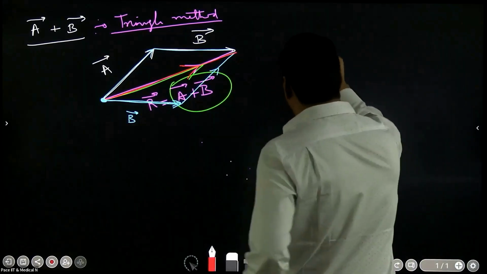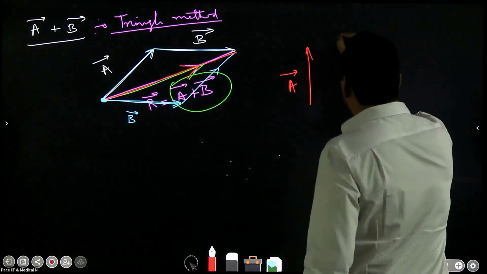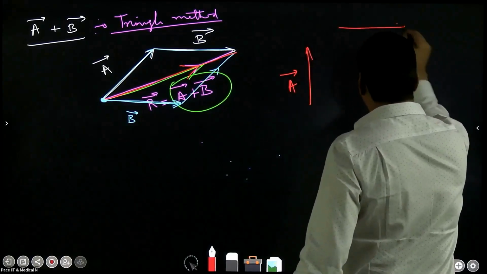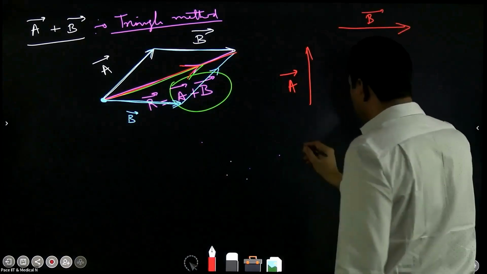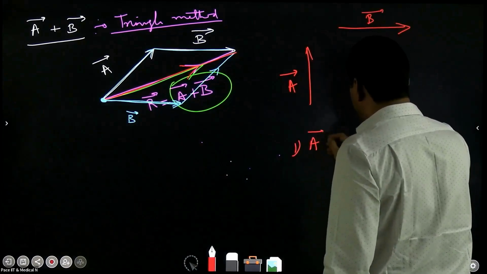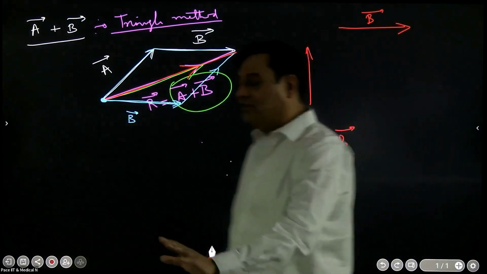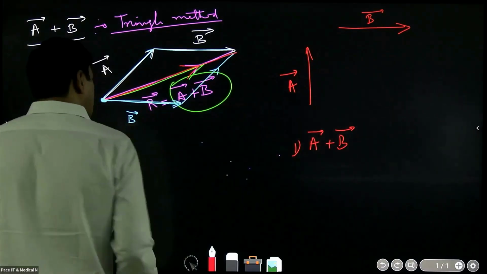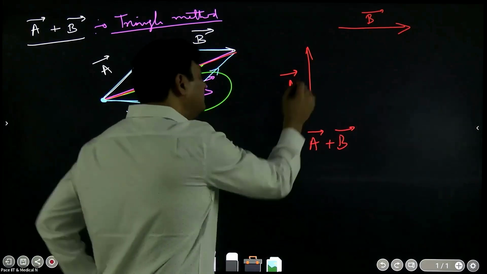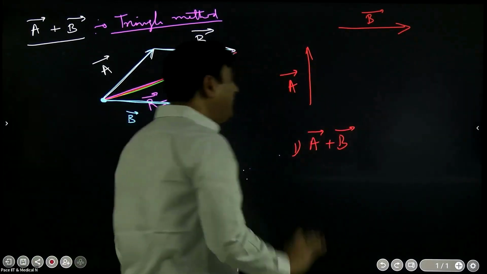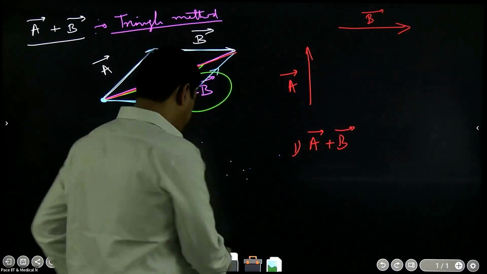Suppose I give you one vector is A, like this, and this vector is B. Just draw me what is A plus B. By triangle method, अलग से करो, by parallelogram method. So for A and B, this is A, this is B. If I want to use triangle method, what should I do?